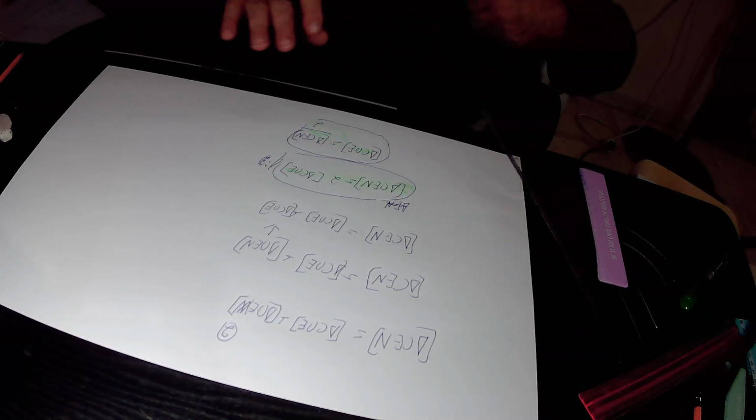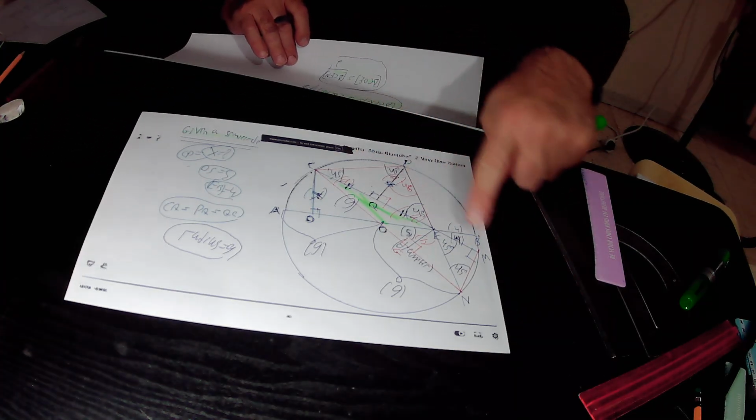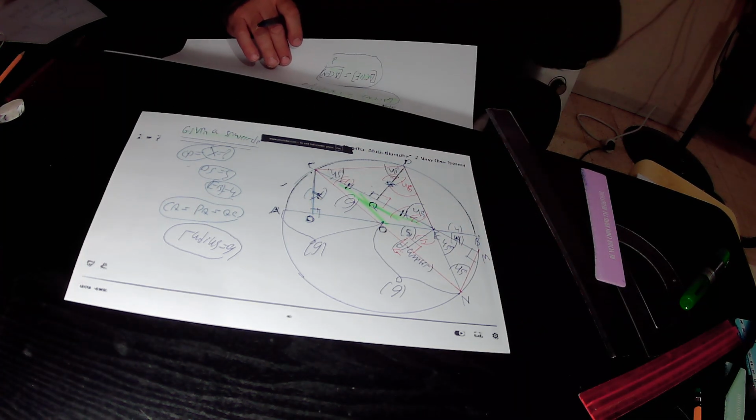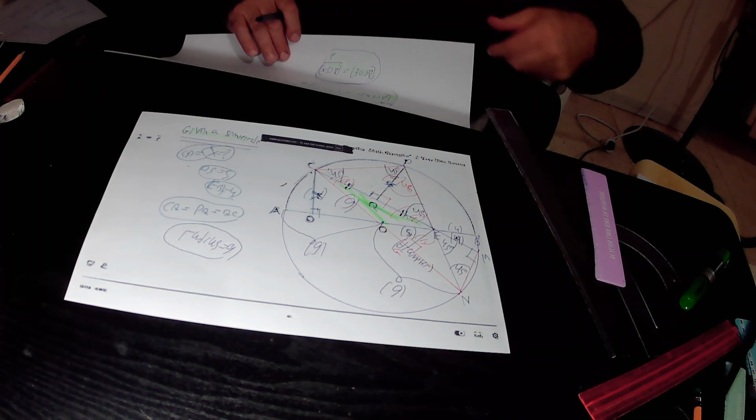In the next step, we calculate the area of this big triangle CEN according to the rule that says that the area of any triangle equals the base of the triangle times the height over 2.